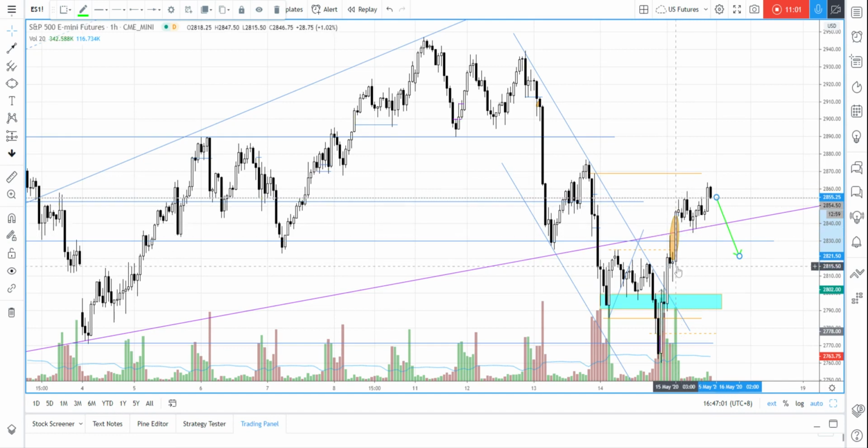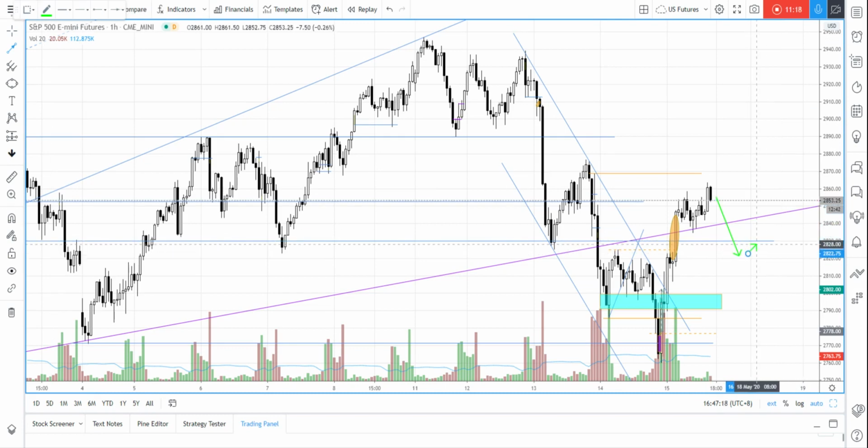You can see that it's quite a big spread bar, so I would really like to see a test of this bar, and even better a test of the support level at 2830 to 2820. Somewhere around there, if I see a bounce up, then it probably can form a good long entry for me.